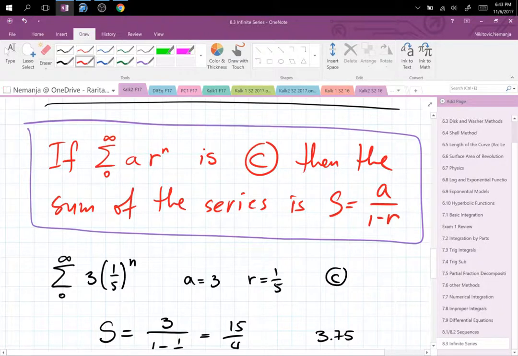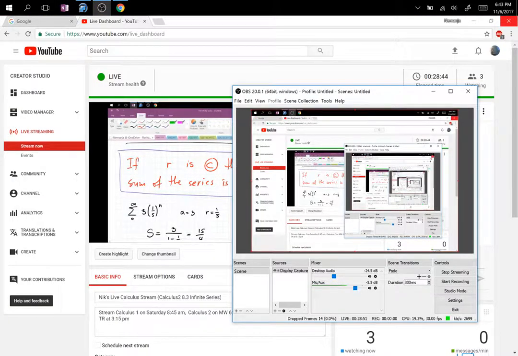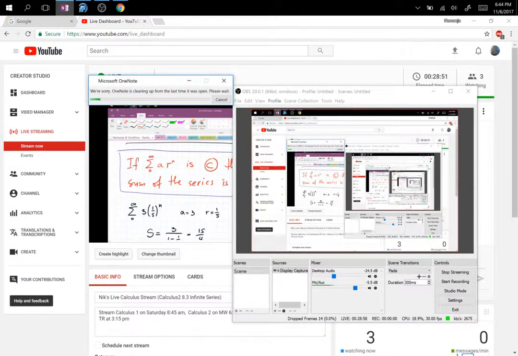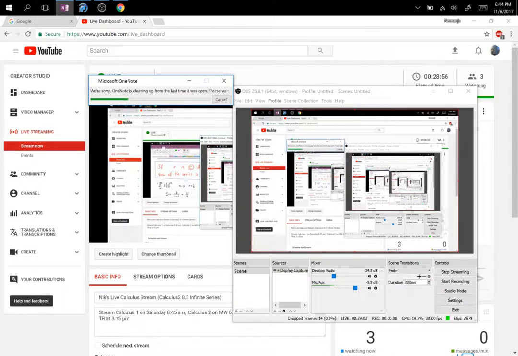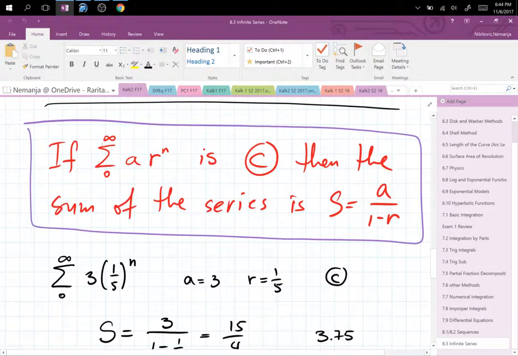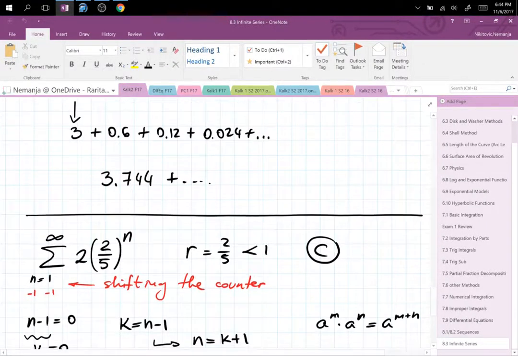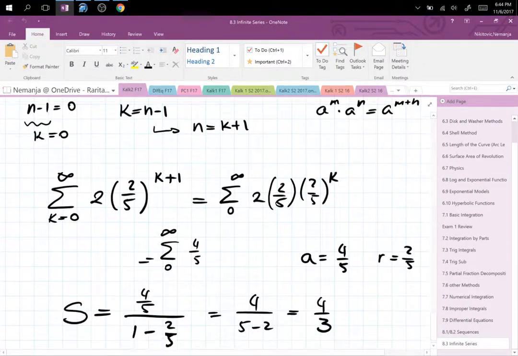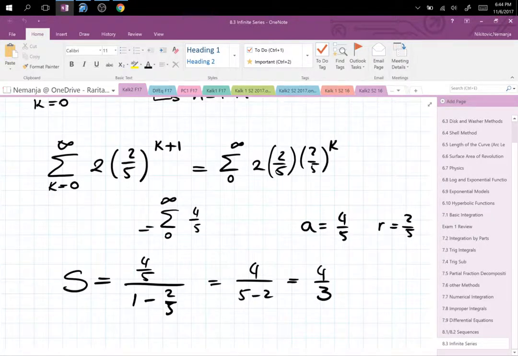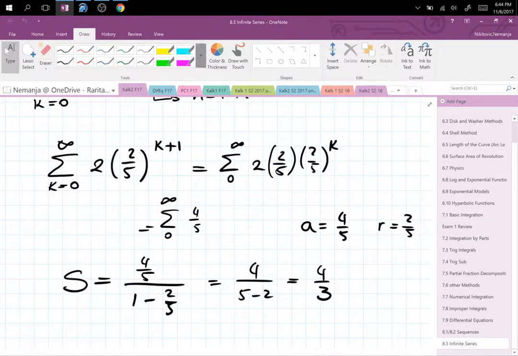Form of the problem is, I'm going to actually restart the program just to see if it's going to stop deleting. Give me a second. Because it keeps deleting the stuff that I write. See, it erased over here the 2/5 to the k.